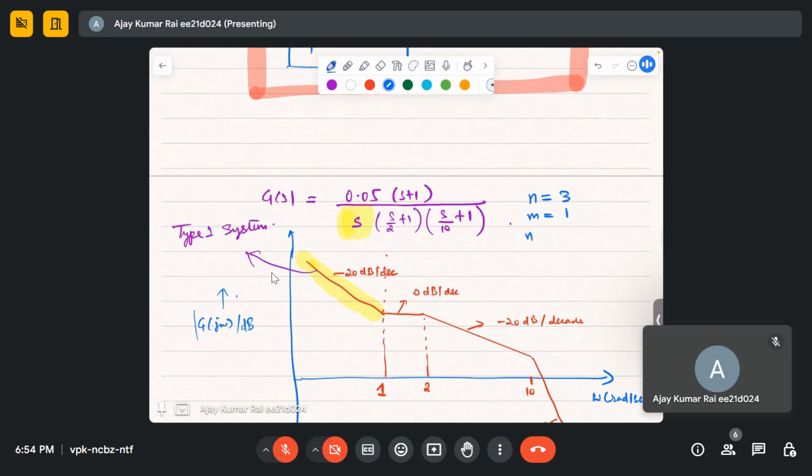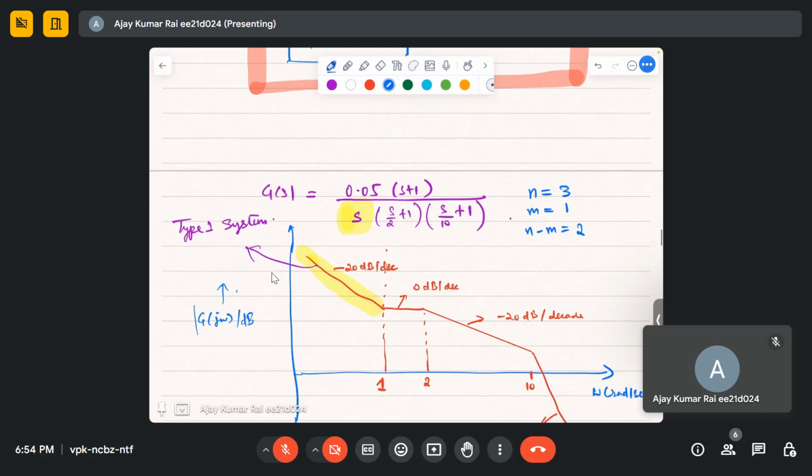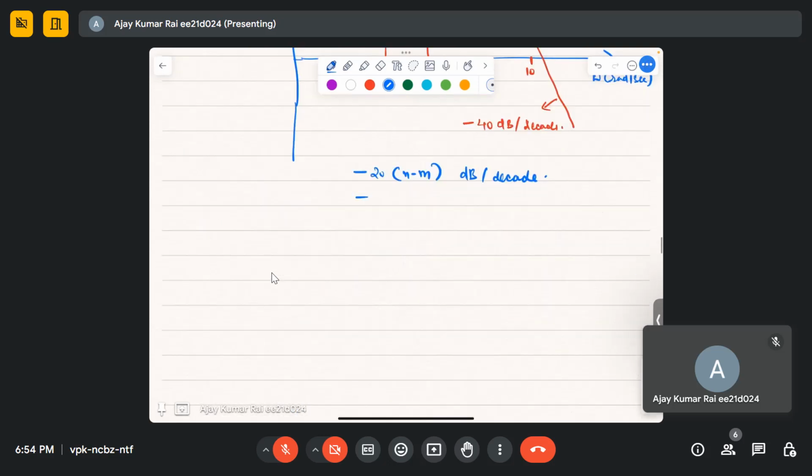If you find n minus m, it will be 2. So if you do that, what you'll get is minus 40 dB per decade. This is the slope of the high frequency asymptote in magnitude.